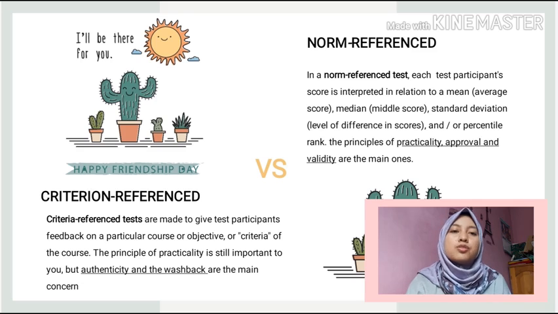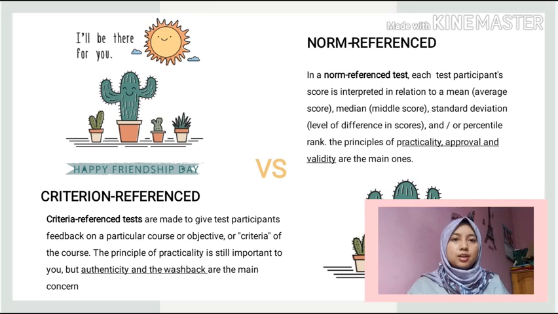So this test is for a large scale with results supported by test takers. And money and efficiency are important issues in this test. Therefore, the principles of practicality, reliability, and validity are the main ones.